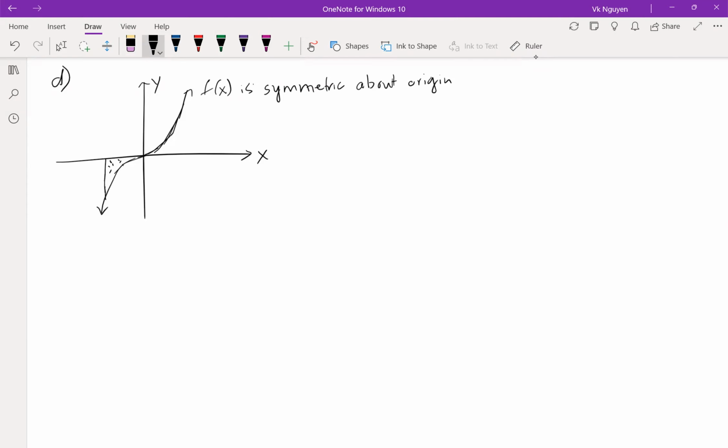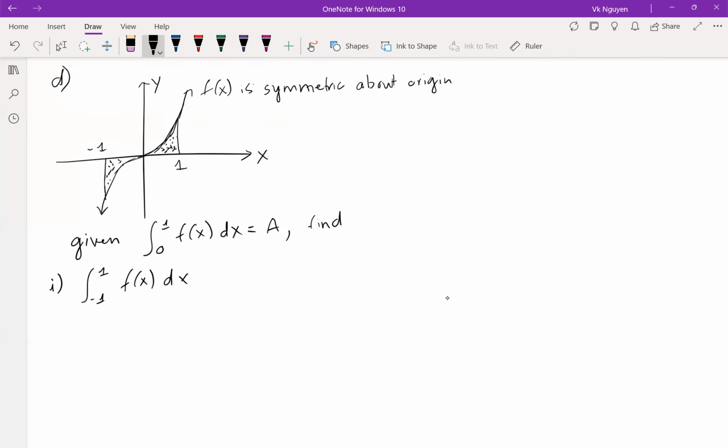Let's say here, it's negative 1. It is 1. Given the integral from 0 to 1 of f(x) dx equals a, find the integral from negative 1 to 1 of f(x) dx.